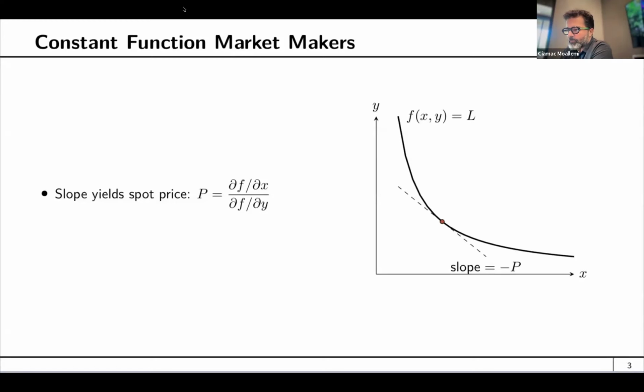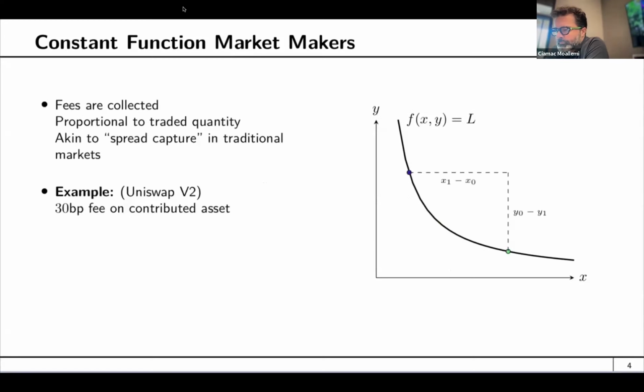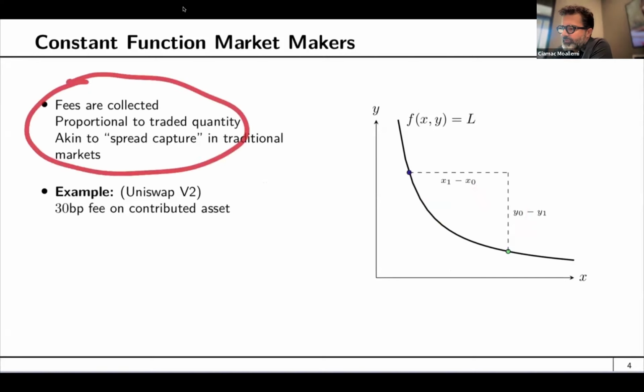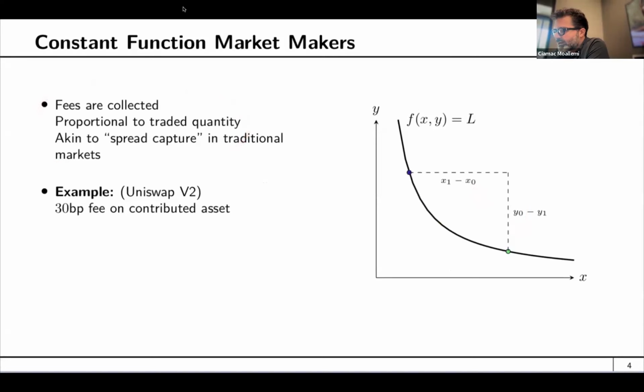There's a couple of additional things that are layered on top of that. The first is that fees are collected. So here, for example, I'm contributing the X asset, I'm removing the Y asset. The idea of a fee is that in addition to this state transition that's permitted, in order to effect the state transition, the agent must also contribute a fee that's proportional to the quantity traded.